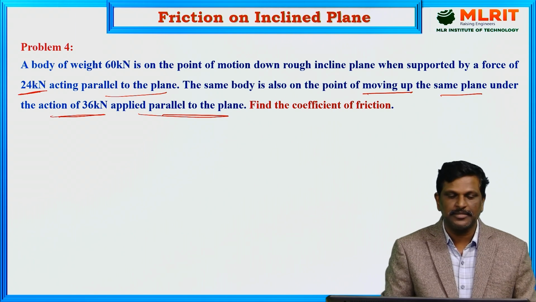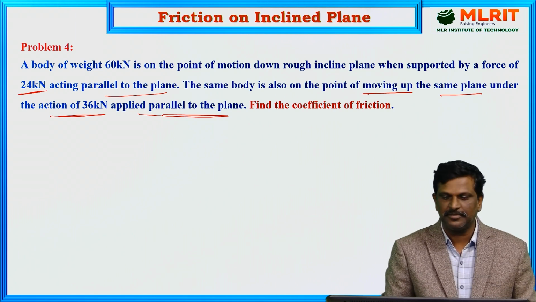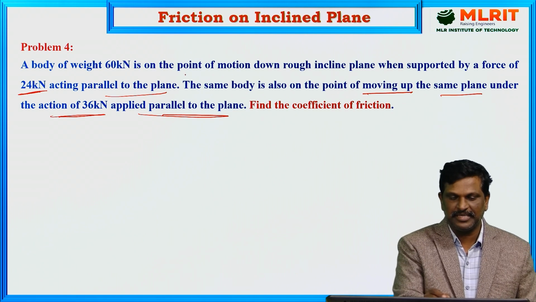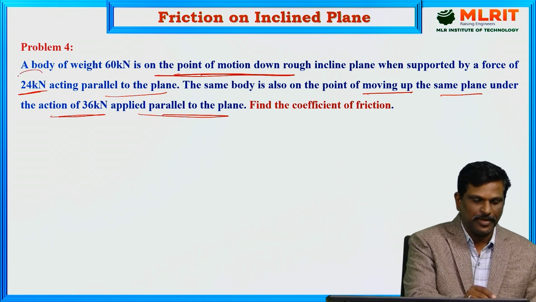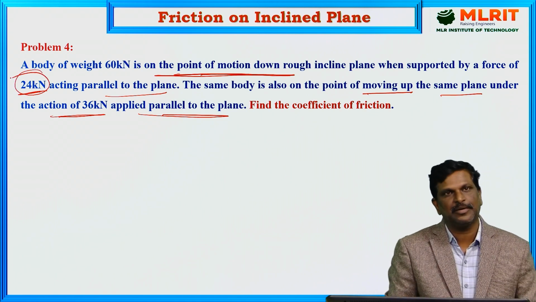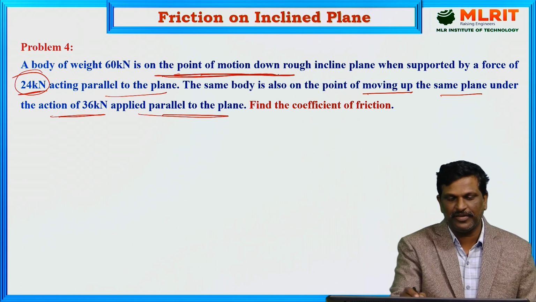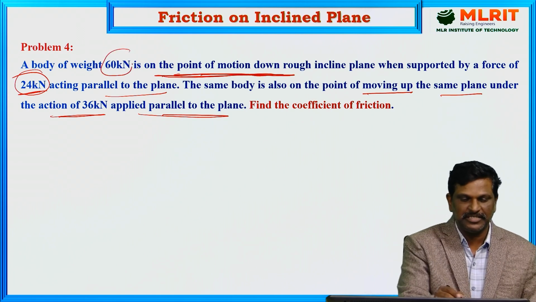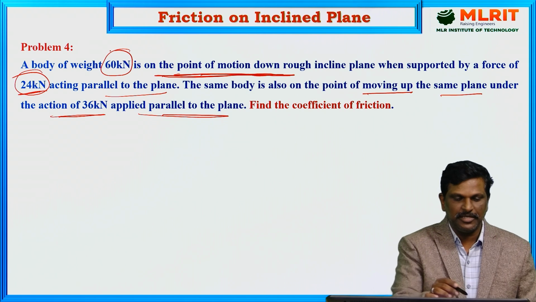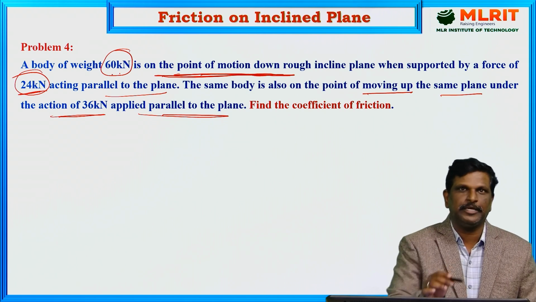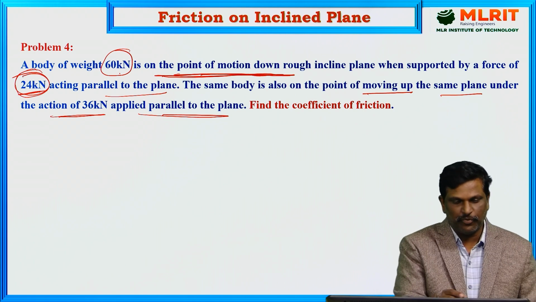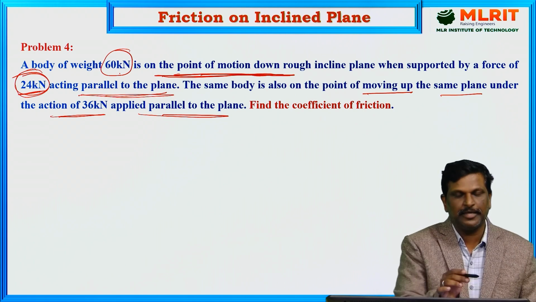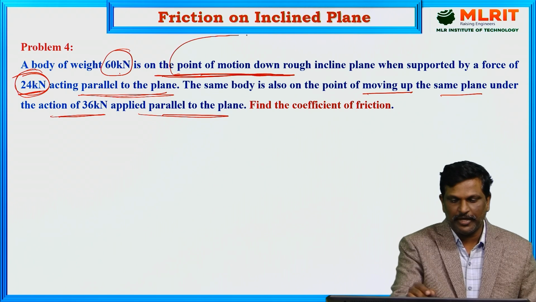Here two cases are given. In the first case, the body is at a point of moving down. When the 24 kilonewton force is applied, it is on the verge of moving downwards. The weight of the body is 60 kilonewtons. A 60 kilonewton body under the action of 24 kilonewtons force, which is acting parallel to the plane, is at a point of moving down.